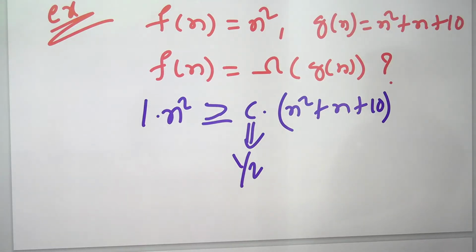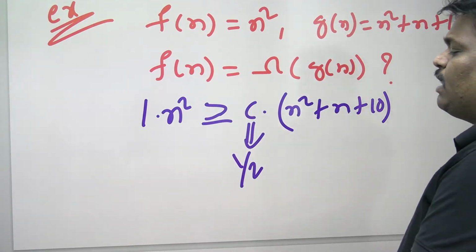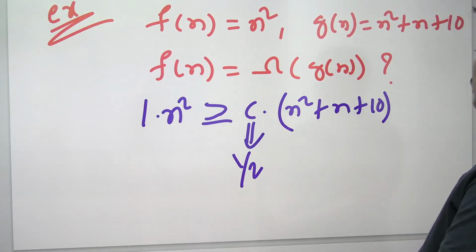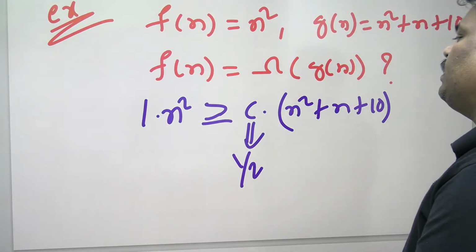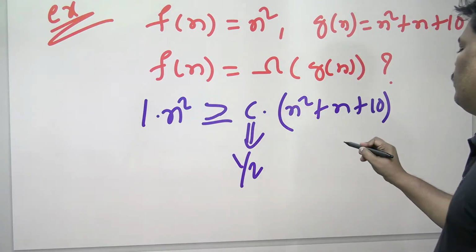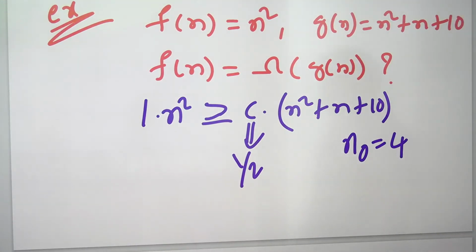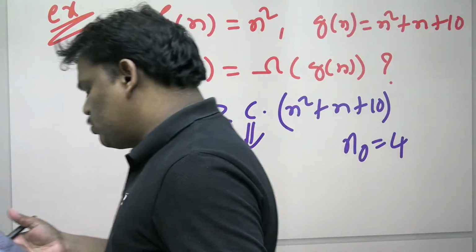N value 3: left is 9, right side is 9 plus 3, 12, plus 10, 22, by 2, 11. Also fail. N value 4: left is 16, right side is 16 plus 4, 20 plus 10, 30 by 2, 15. I think 16 is bigger, so over. So what is the answer? N0 equal to 4 onwards working, because you are able to satisfy omega.